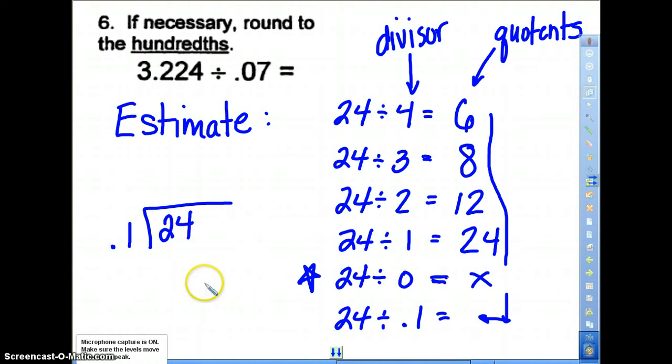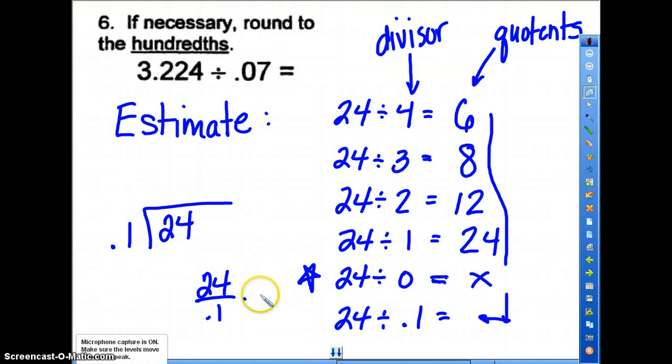Big mistake kids make on this one is putting the wrong number in the house. I don't know why everyone seems to think the biggest number goes in the house, and that's not always true. Okay? So when I divide, before I can start, I want to make this a whole number. And basically what I'm doing is multiplying it by 10. If I wrote this as a fraction, like this, and I multiply by 1, I still get that number.